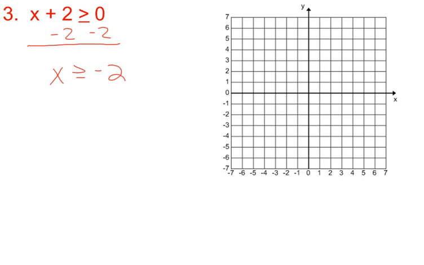That would be a solid line. X is greater than or equal to -2. So I'm going to draw a solid line on here at -2 on the x-axis. So that's right here. Make little arrows on this. And then this time when I decide where I'm shading, I have to actually follow the x-axis because it says x is greater than or equal to -2. So x is less than going this way, and x is greater than going that way.